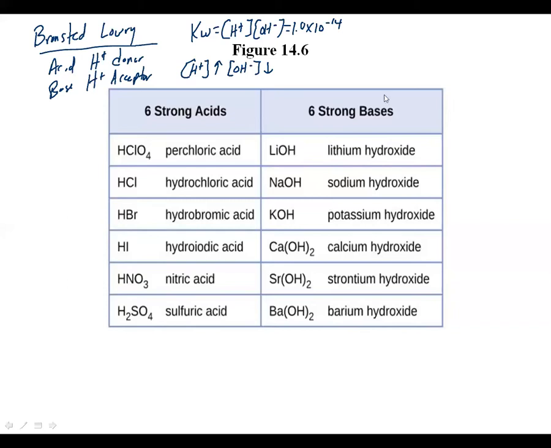We also talked about the pH scale. Again, that runs from 0 to 7 to 14, below 7 being acidic, above 7 being basic.